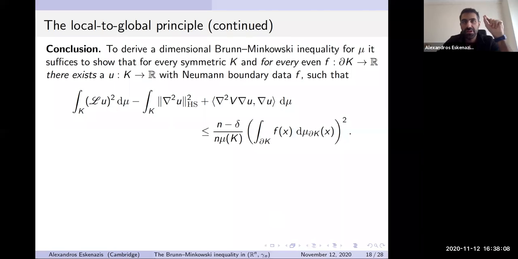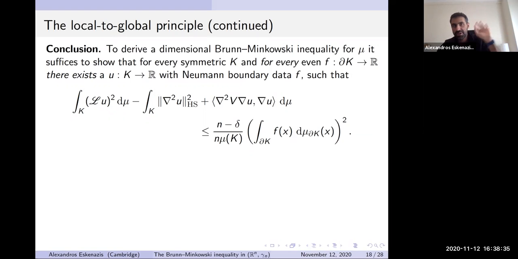So what we figured out is that it suffices to show that for every K and for every f, there exists a u with Neumann boundary data f, so that this quantity here, which is simply the integral of psi by the Reilly formula, is bounded above by the right-hand side we had before. Is this clear? Are there questions?